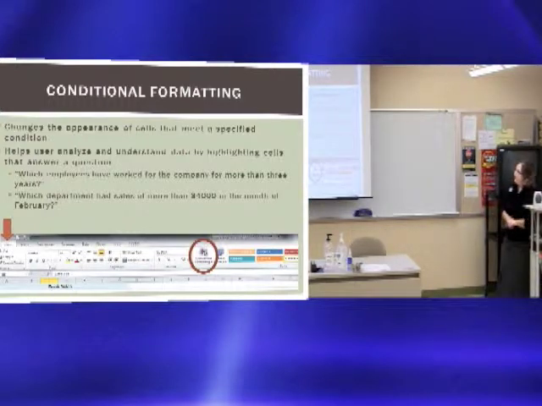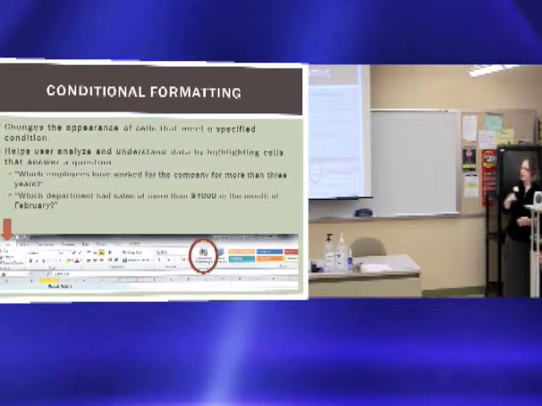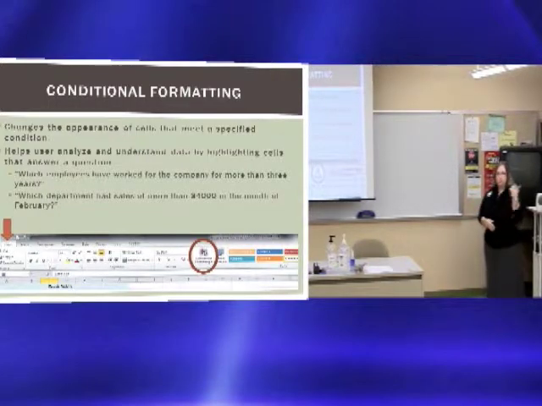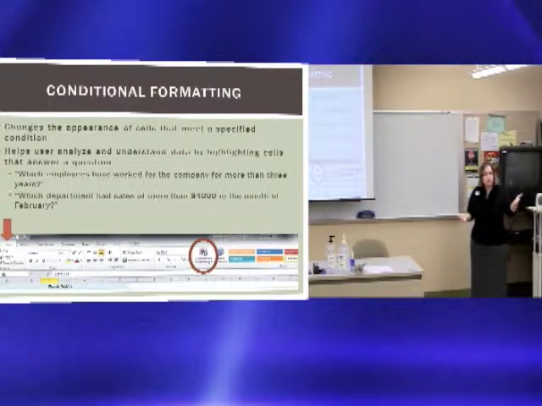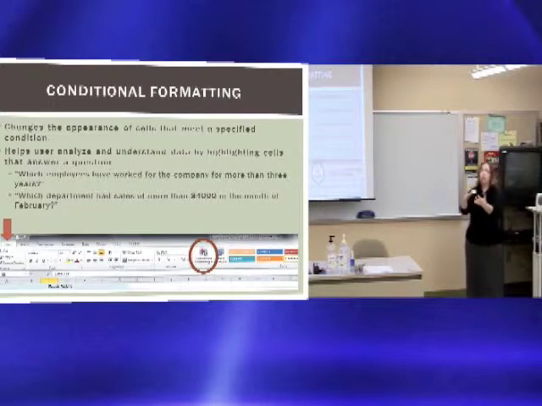Again, why would you use that? To analyze and understand your data by having things just kind of pop out at you, for lack of a better term. A couple of questions that you can answer: which employees have worked for the company for more than 3 years? Libby Richmond was in my session yesterday, so when she gets ready to start awarding pins for the employees who have been here a certain time, she's got to know who's been here 5 years, 10 years, 15 years, and so forth.